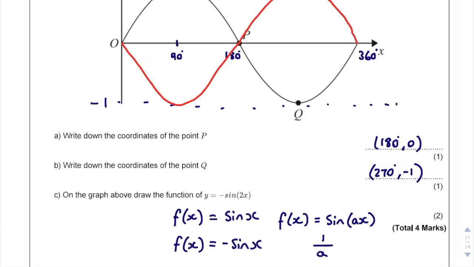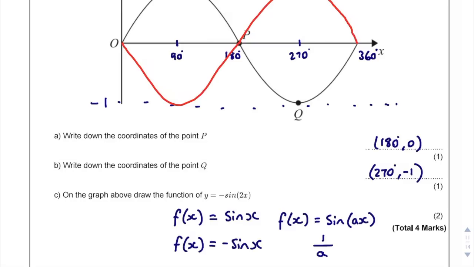So the next point at which it intersects the x-axis is 360 plus 180, which is 540. And if you divide that by 2, you get 270. So that's going to be the next point at which it intersects the x-axis. And then after that, when it gets to the end of its second cycle, it's going to intersect the x-axis at 720. So we halve 720, that's 360.